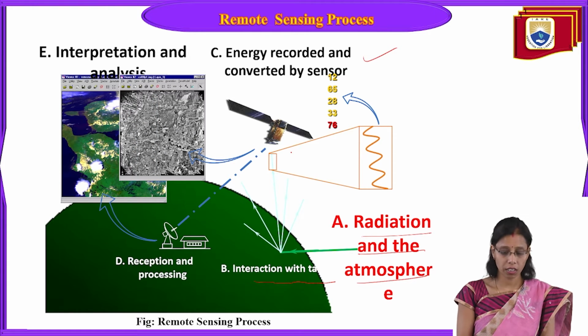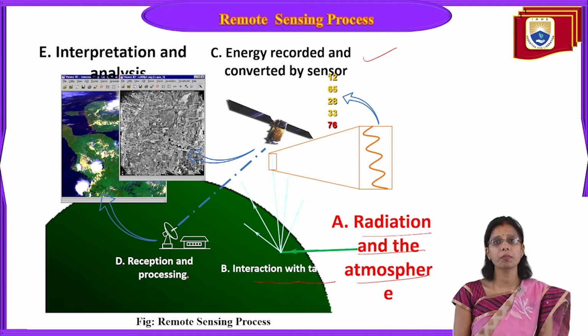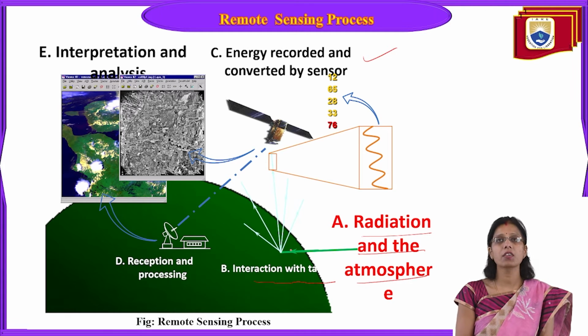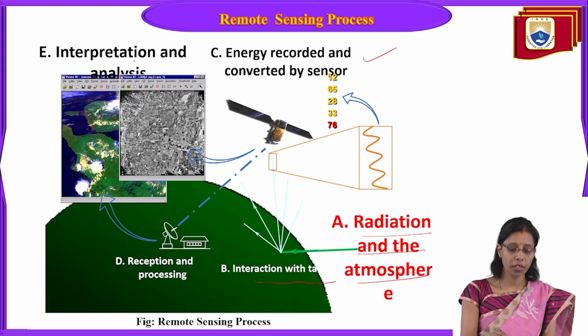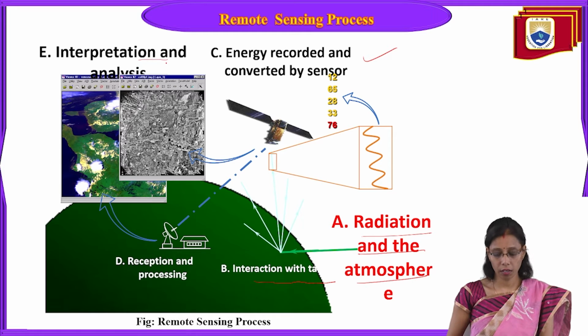And next is reception and processing. Just now we have seen this in the previous slide. First is radiation and the atmosphere, then the interaction with the target, then the energy recorded and converted by the sensor, then reception and processing. And then finally the interpretation and analysis is done with the help of the satellite images.